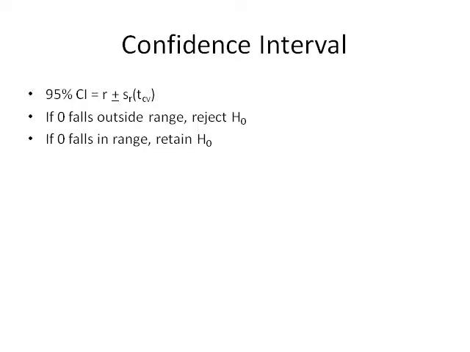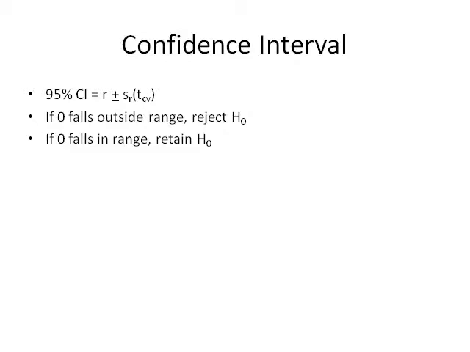We can also construct a confidence interval for the correlation coefficient using the same general formula we learned for means tests. We merely take the statistic of interest, the correlation coefficient, plus or minus the product of the standard error associated with the correlation coefficient and the critical t-value used to test the hypothesis. In addition, the rule of thumb concerning the confidence interval and hypothesis testing will also apply when we're working with a correlation coefficient.